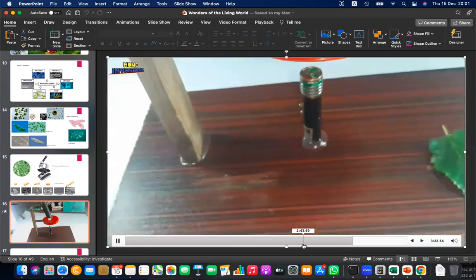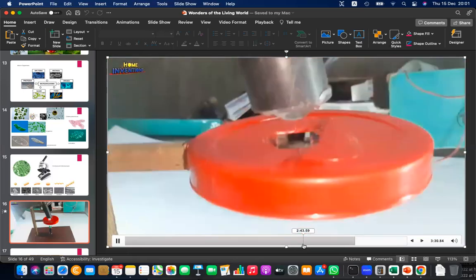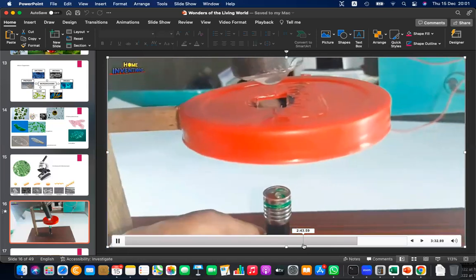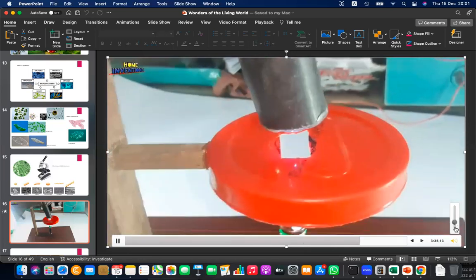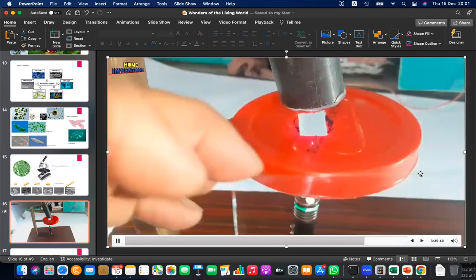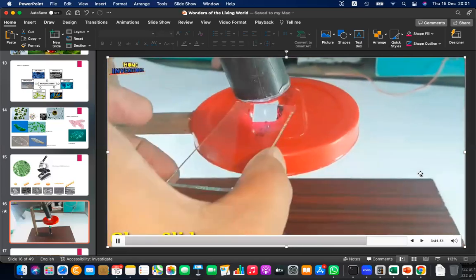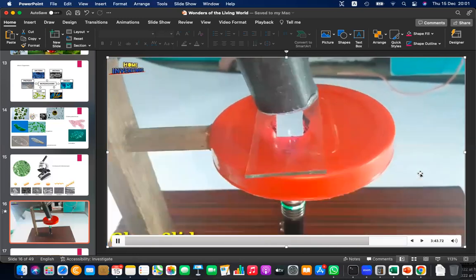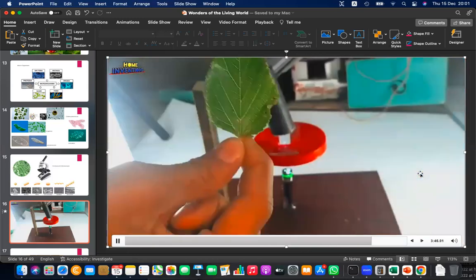You can also try this, but you need to find two lenses. That is the difficult part. But there are shops where you can find these lenses. If you can find this, you can build your own microscope and just use a piece of glass to keep the slide. Otherwise, it will fall down.